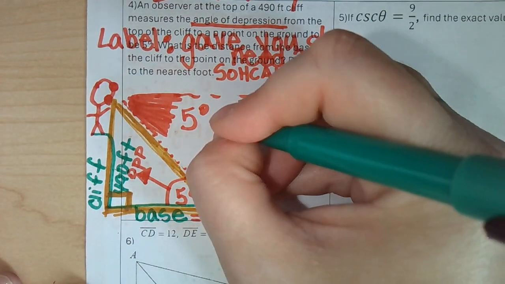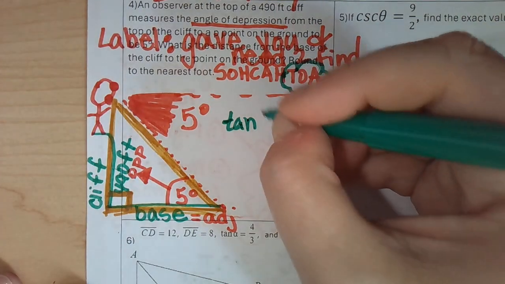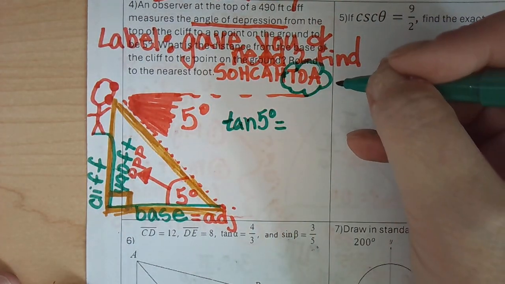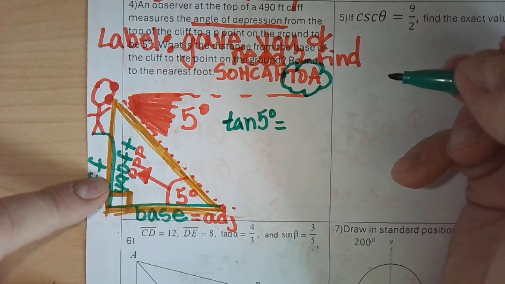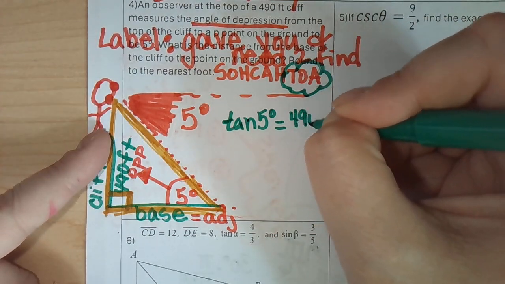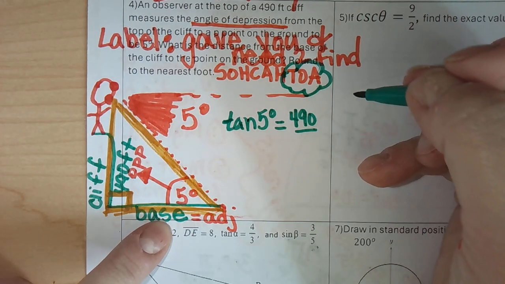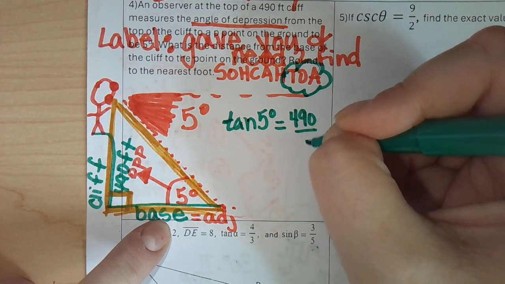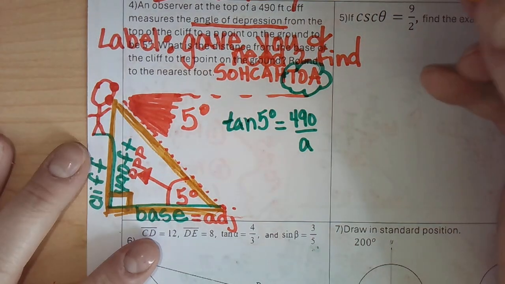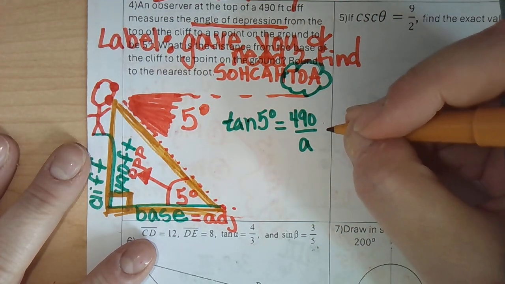The math, the algebra, is tangent of the angle 5 degrees equals opposite, which is this 490, over adjacent, which we don't know. Okay, then we have to get the letter A by itself. Well, it can't be in the bottom.